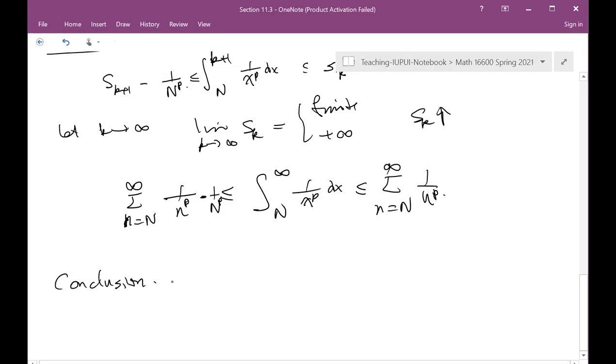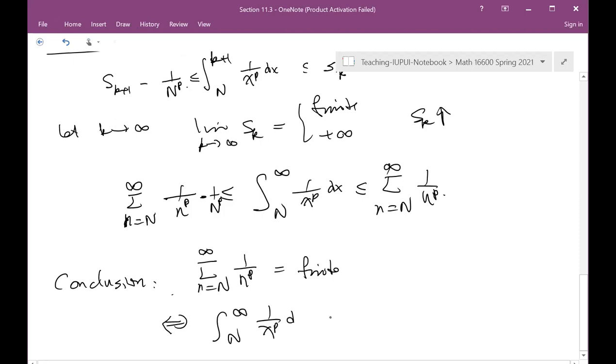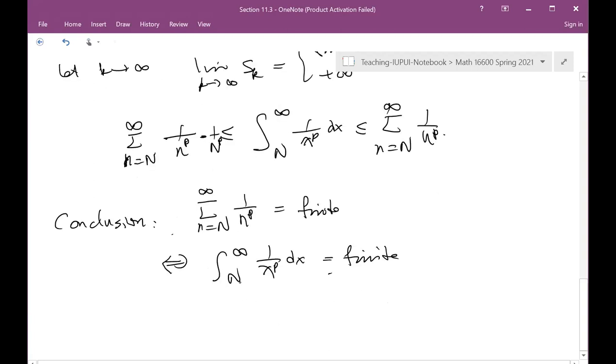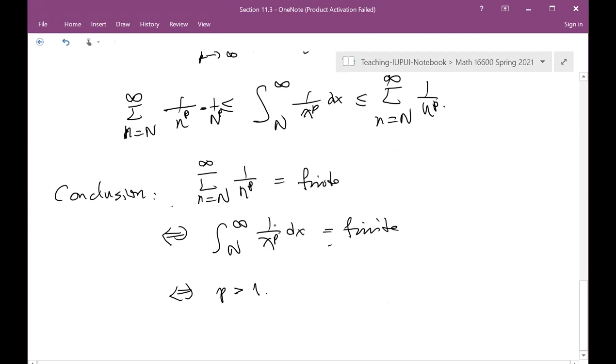This is finite if and only if this integral is finite, because this integral is either finite or infinity. When this integral is finite, we remember we did that if and only if p is greater than 1. I'm not going to go through this again, when this improper integral has a finite limit.